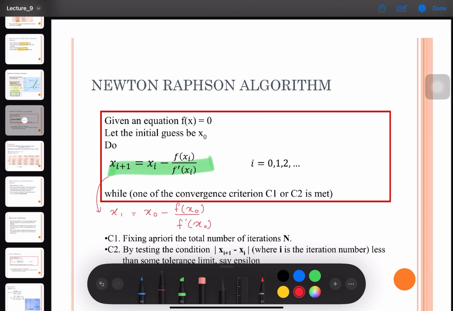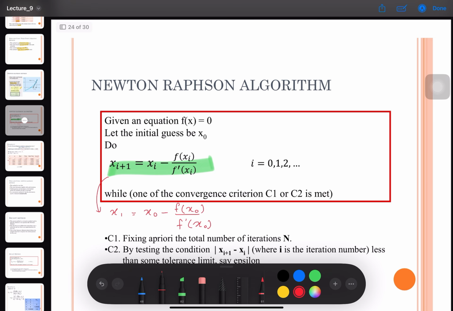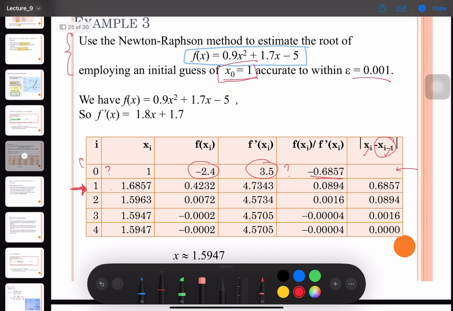Same thing, if you want to find x2, it will be equals to x1 minus f(x1) over f prime(x1). Okay, for this case, how are they finding this value? x0 minus the division just now. So it will be 1 minus this one. You will get this answer.